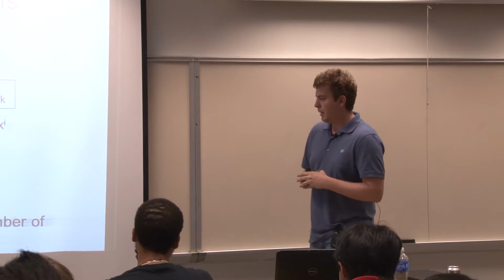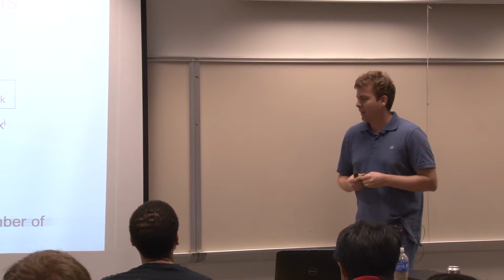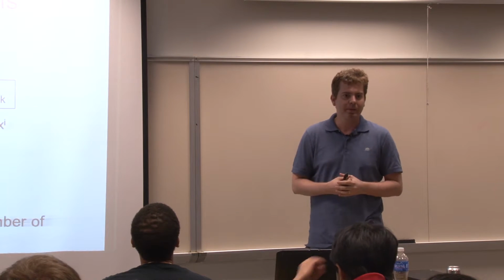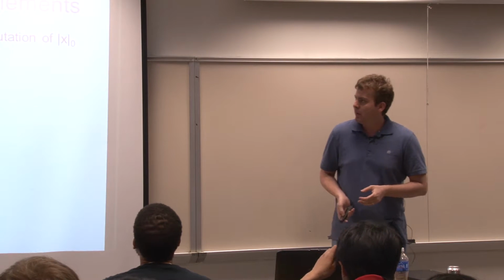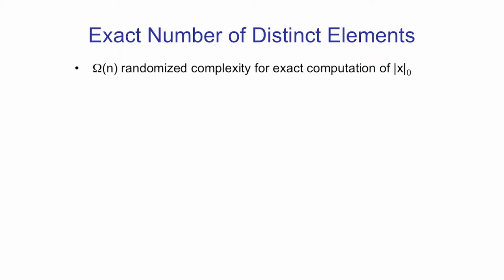So I'm going to discuss how hard it is to compute the size of the union, the number of distinct values. First, as you're used to in this area, exact computation of the number of distinct elements requires a lot of communication.